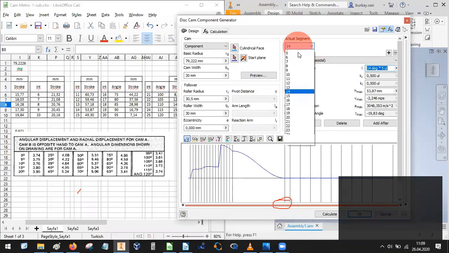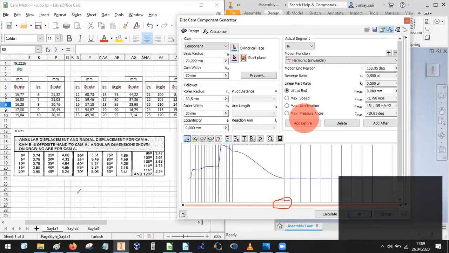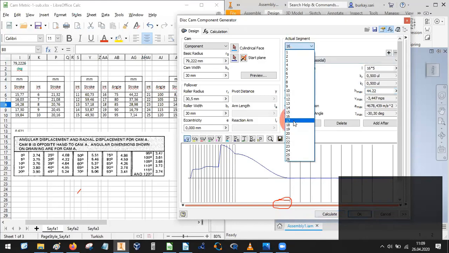14, 15, 16. 16, I'm going to adjust 16 times 5. And after this 16 have 44.22. I hit the calculate. 18.